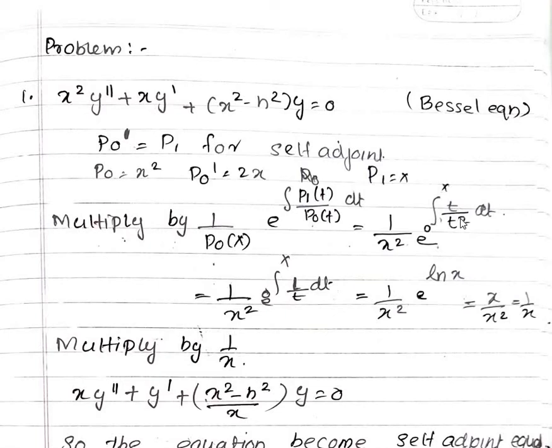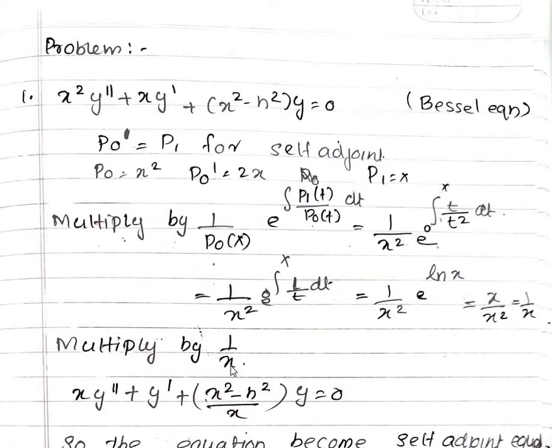Here t and t cancel, and you will get 1 by t dt. So this is 1 by x square e raised to integral 1 by t dt, which is ln x, and e raised to ln x is nothing but x. So that is equal to x divided by x square. When one x cancels, you will get 1 by x.